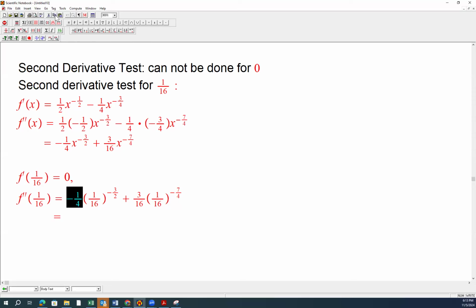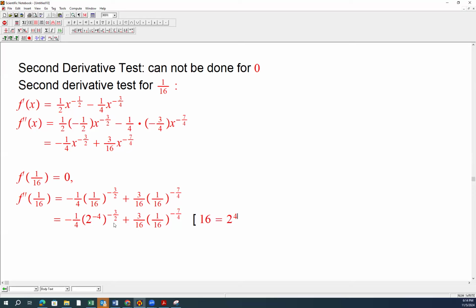All right, so -1/4. What I'm going to do is copy this and do the changes over, okay? So this is actually 2 raised to the power of -4, right? 1/16 is 1/2 to the power 4, because 16 equals 2 to the power 4.